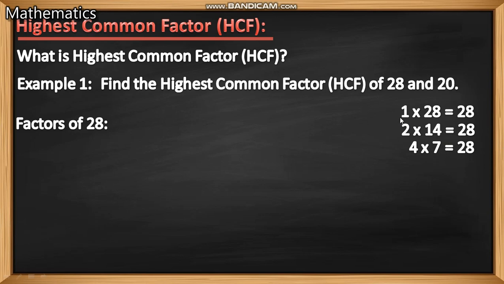So 1 into 28 is equal to 28. 2 into 14 is equal to 28. 4 into 7 is equal to 28. Then the factors are 1, 2, 4, 7, 14 and 28.